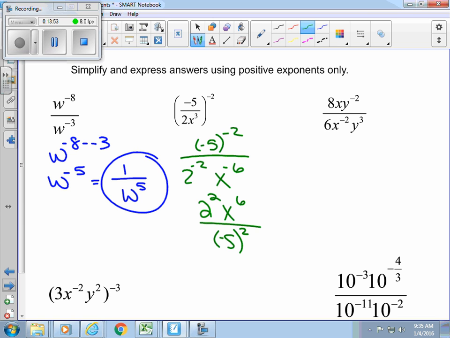Now, something I have done that I figure most of you would have messed up is I kept a parenthesis on the negative 5. Someone tell me why I did that. Did the 2 go with the negative? Did they go with everything? The negative 2 went with everything, right?